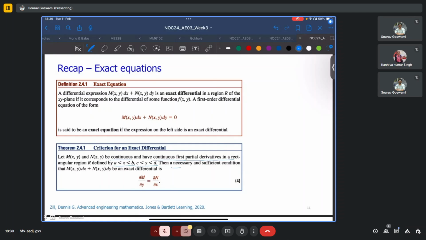Then a necessary and sufficient condition that M(x,y) dx plus N(x,y) dy is an exact differential is simply that the partial derivative of M with respect to y equals the partial derivative of N with respect to x, or as stated here, ∂M/∂y equals ∂N/∂x.